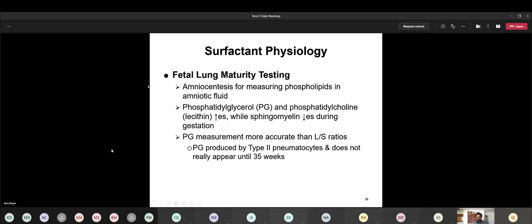Now, we know when it comes to the LS ratio test, it's all about that ratio of 2 to 1: phosphatidylcholine versus the sphingomyelin.